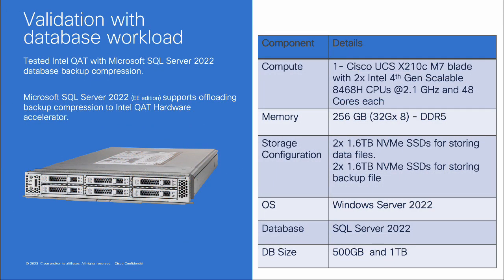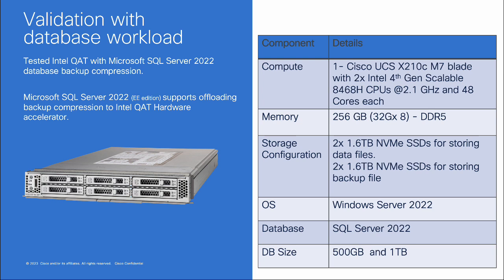For validation, we chose MS SQL Server backup compression, as Microsoft and Intel have worked together to enable SQL Server database backup compression offloading to Intel's QAT hardware accelerator. We have used Cisco UCS X-Series X210 M7 compute node powered by the latest Intel 4th Gen Xeon Scalable processor.